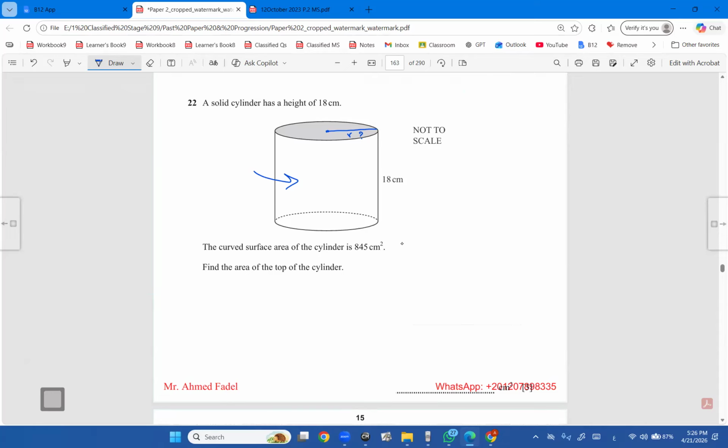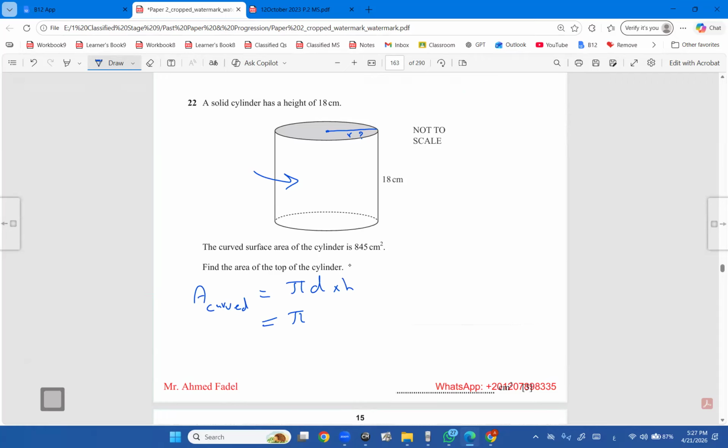The curved surface area of the cylinder is 845 centimeters squared. You learned how to find the area of the curved surface. We learned that the area of the curved surface has a rule, which is pi d times h. Pi, we're going to use the calculator for it.